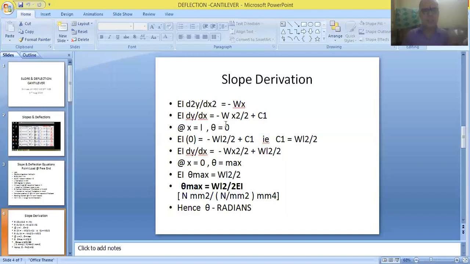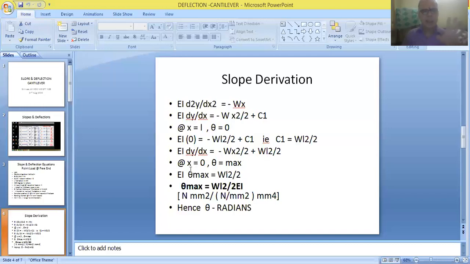And at x equal to L, theta will be equivalent to 0. So therefore, this C1 will be obtained as WL square by 2. And again, you substitute this value in this equation. So therefore, EI theta can be written in the form of this equation.